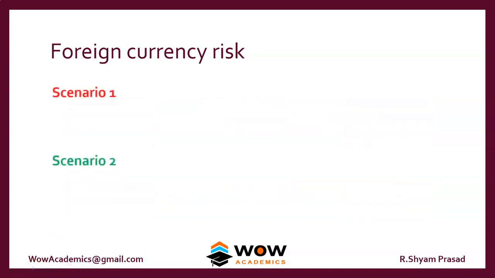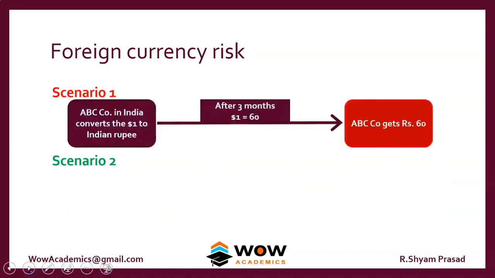Scenario one: the Indian company has got the $1 from the US company, but now they go to the bank. When they go to the bank, the rate is 60. The rate they expected was 75 rupees for $1, which was fixed at the time of entering into the trade.